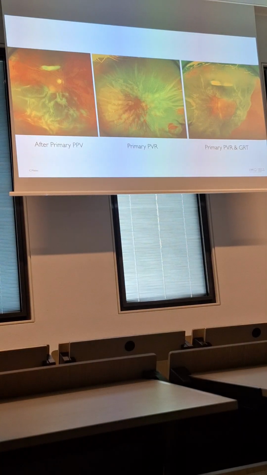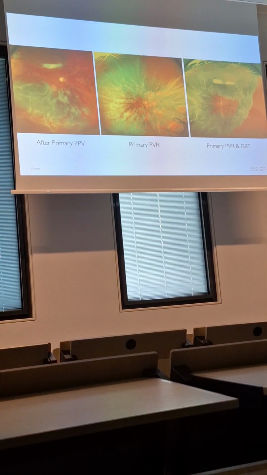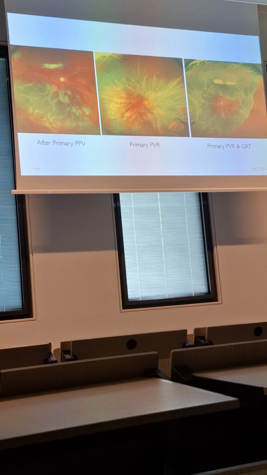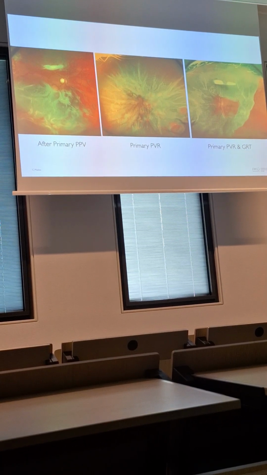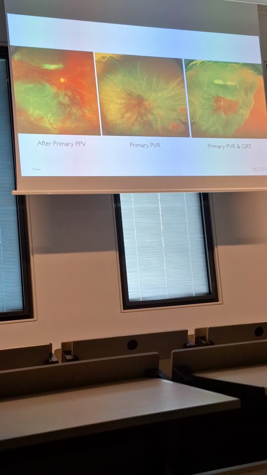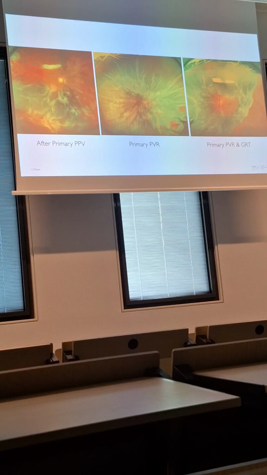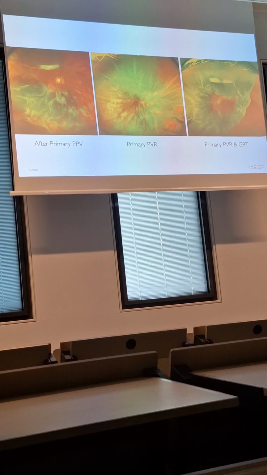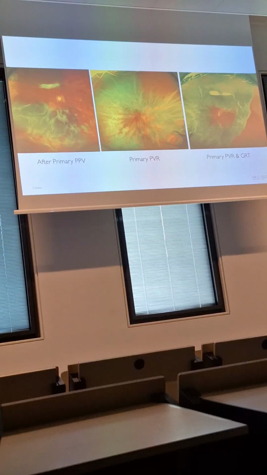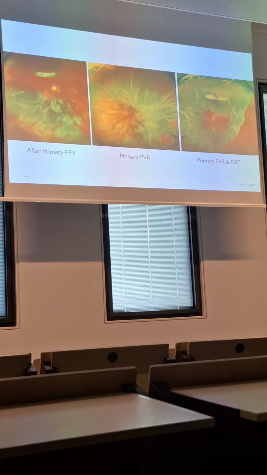Okay, look at 3 cases of mine, okay? The first, on the left, is a cardiologist. Only one eye. His son is an ophthalmologist, specialty retina. Then he did a primary vitrectomy. And this is the result. Okay?